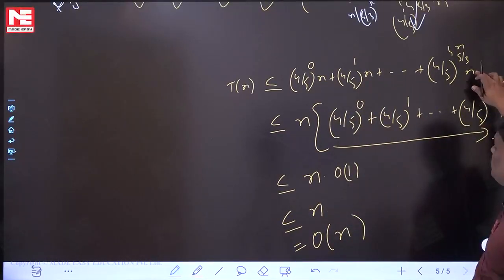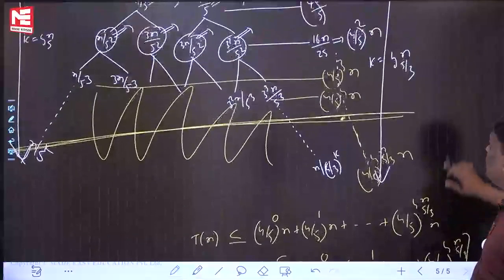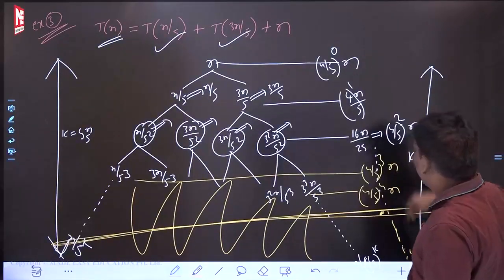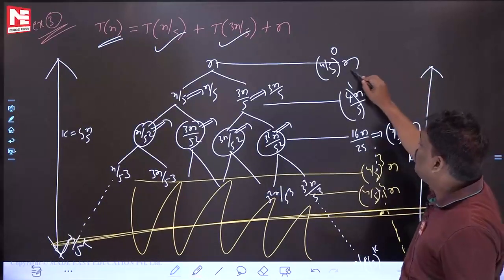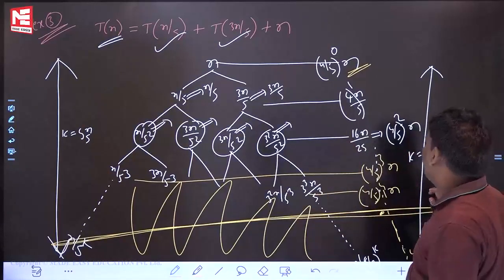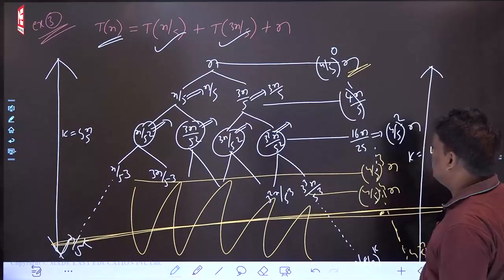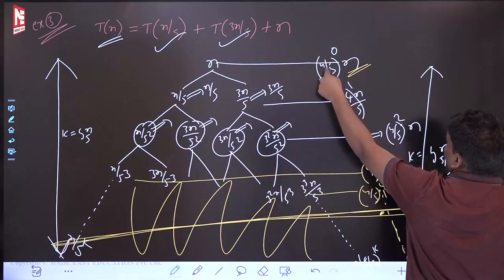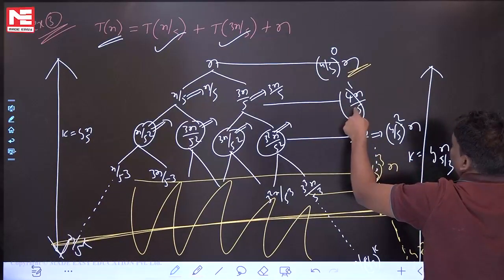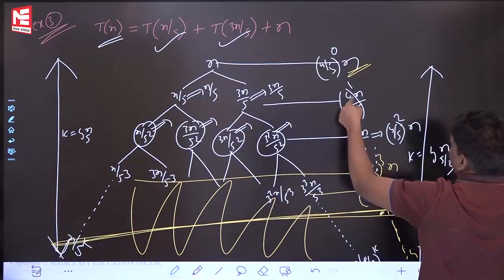Some people are asking, sir, how is it possible? The first level itself is n. If I add all of them, how can I get n? The first level itself is n. If I add all of them, you will get some constant times n. What is the reason? It is decreasing. See this one, 4/5 whole power 0 means 1. It is 1 times n. This is 4/5, which is 0.8.